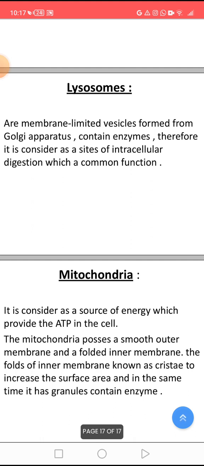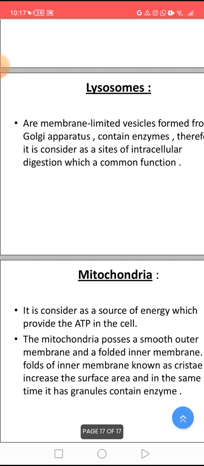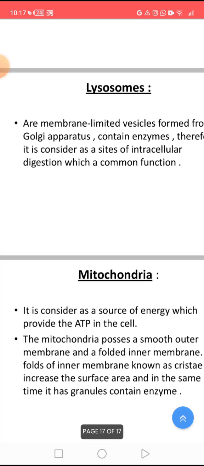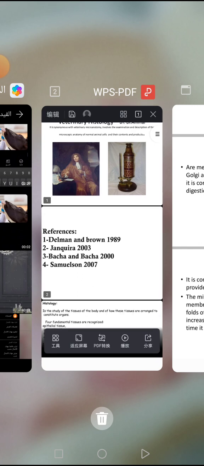Respiration occurs there by using glucose, and I will explain it simply. Most toxins affect the mitochondria, for example cyanide.